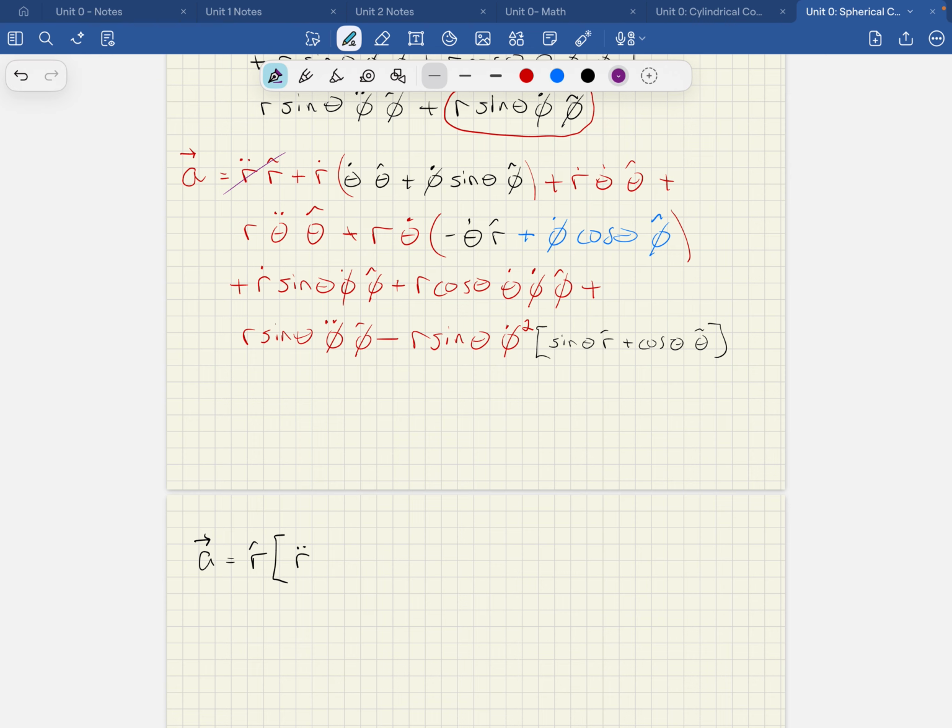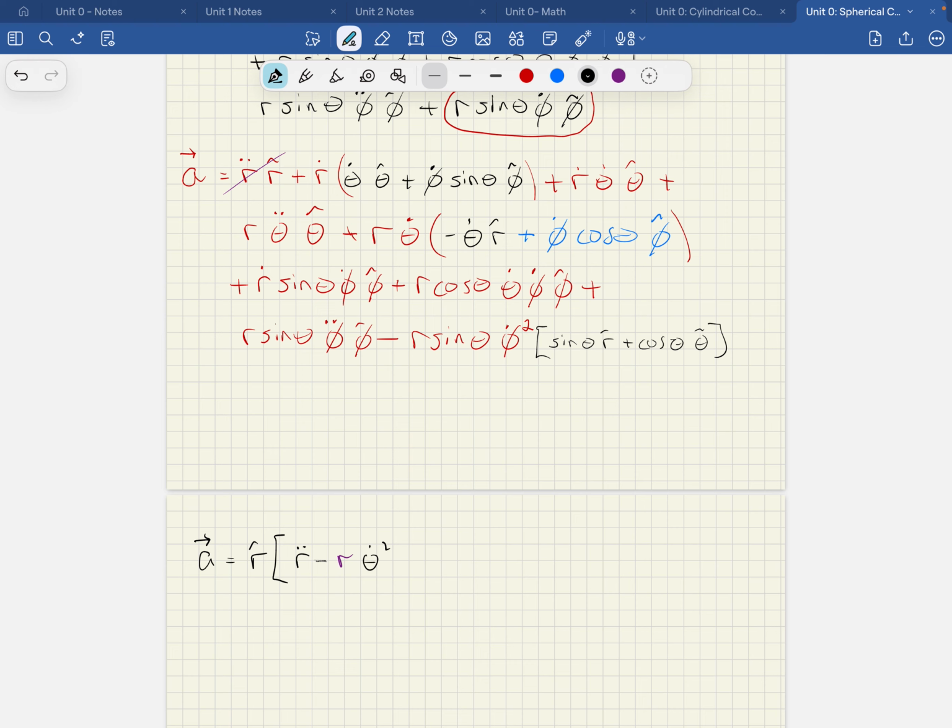The next one with r hat in it is this one. It was this term right here, minus r theta dot squared.